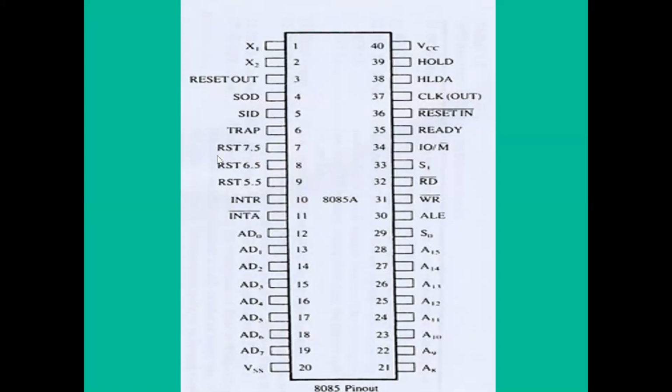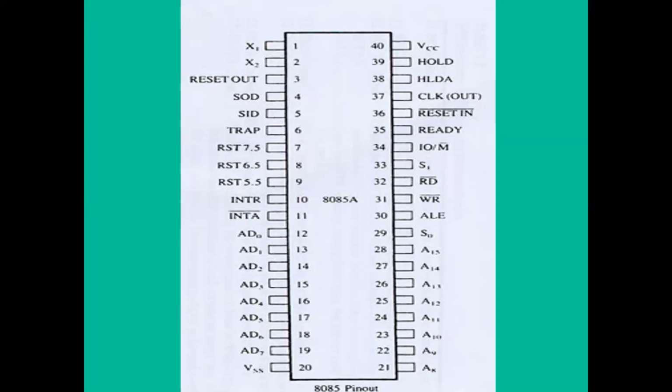Then the INTR pin, the interrupt request pin, and INTA bar, the interrupt acknowledgement pin. Then RST 7.5, 6.5, and 5.5. These are the interrupt pins. Then the trap pin is available, another interrupt pin. So these are externally initiated signals.